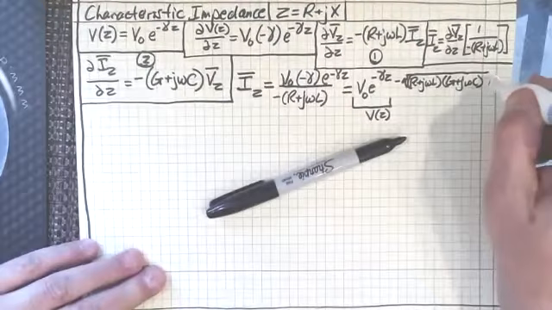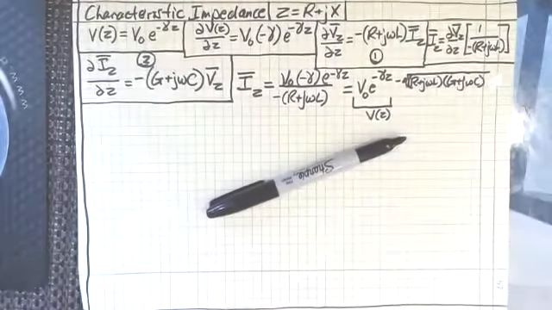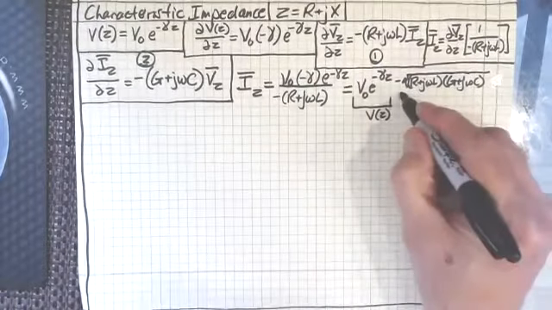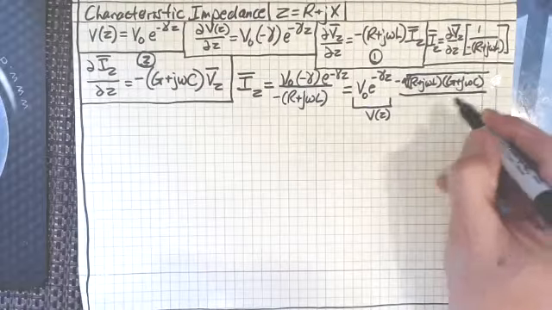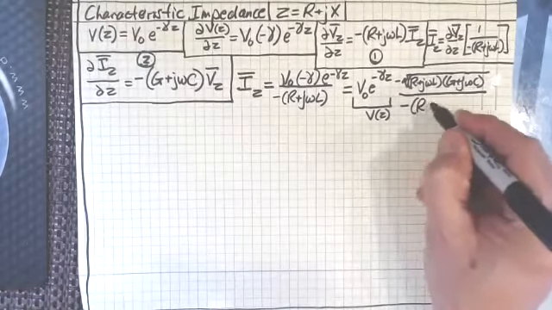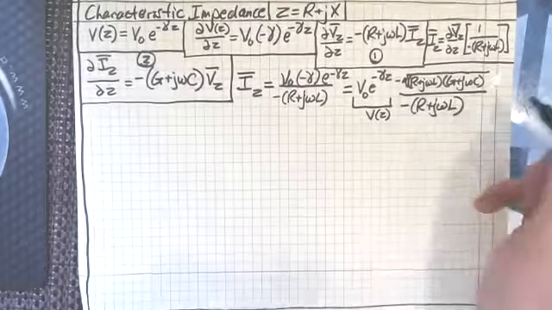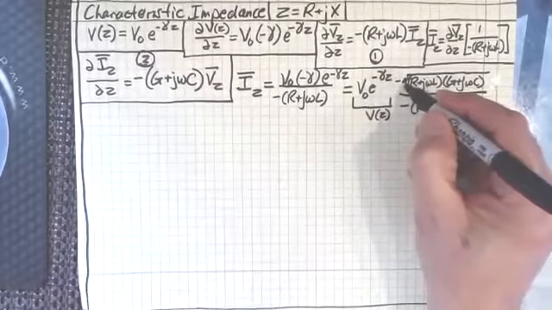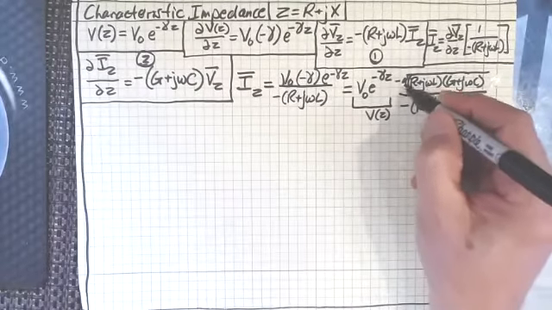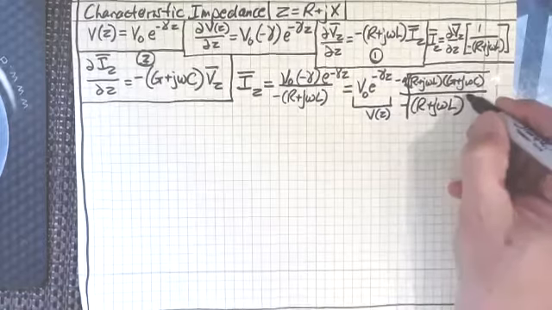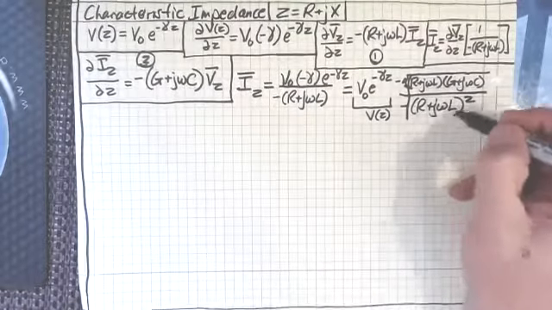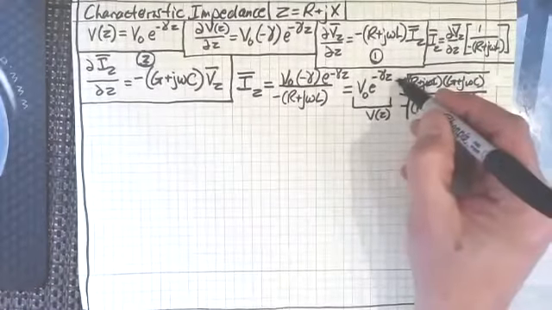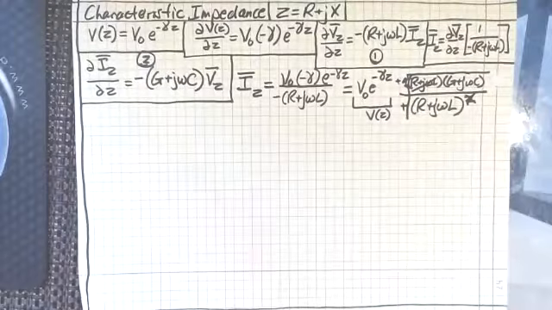That's the fourth lecture of the day, so I'm losing it. All right, and that is all divided by minus r plus j omega L. And I think everybody sees what you got here. I've got the square root up there. So if I wanted to take that square root and bring it down here, that would be that squared, wouldn't it? And then that would cancel out with one of those. And the minuses would both cancel out, so I don't have to worry about those.